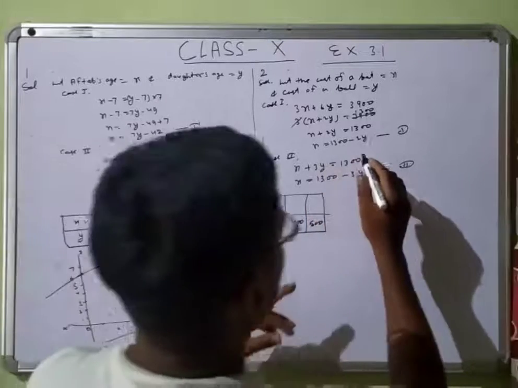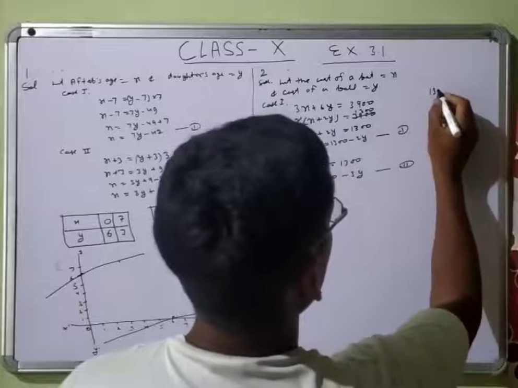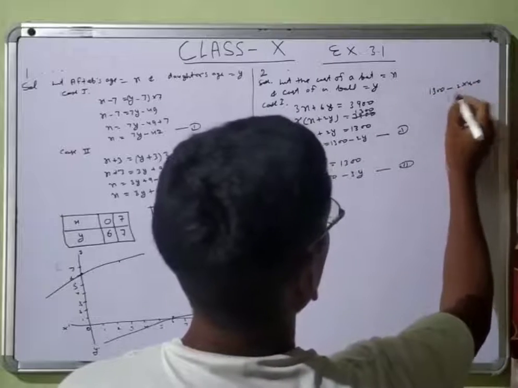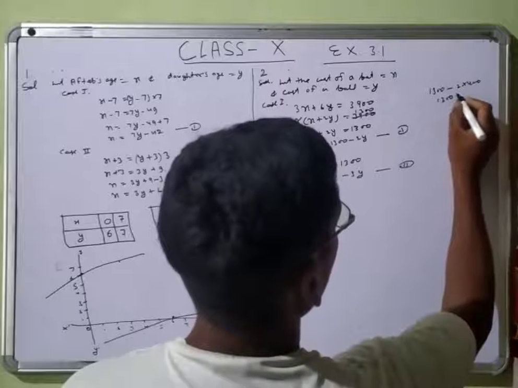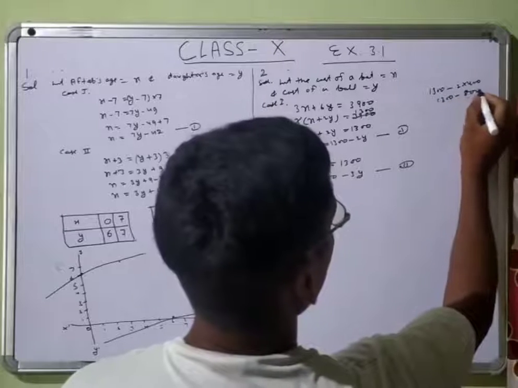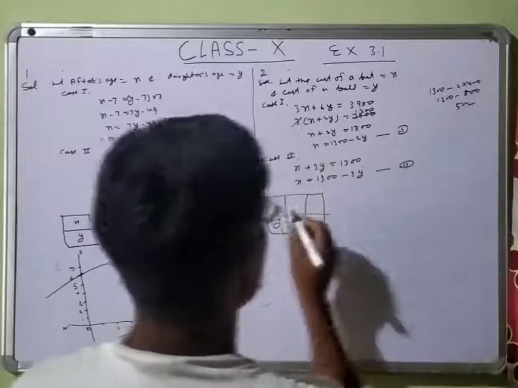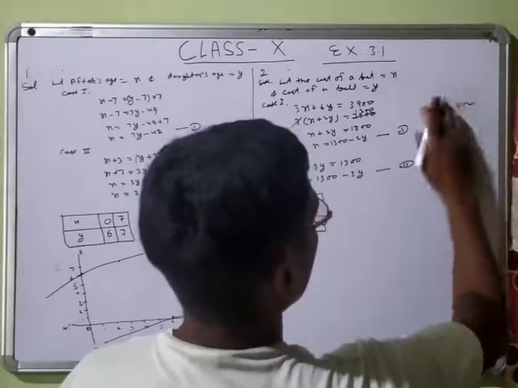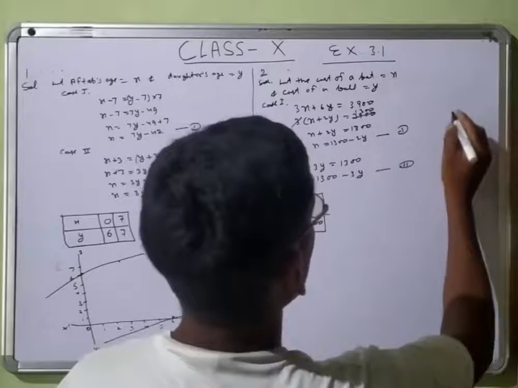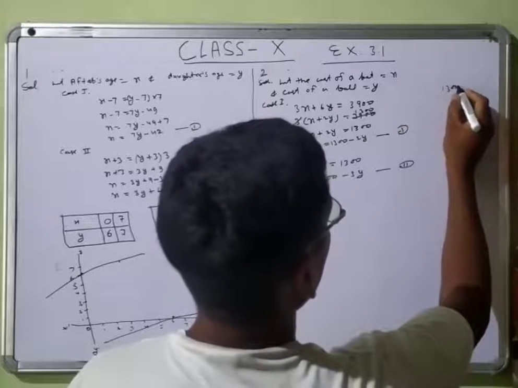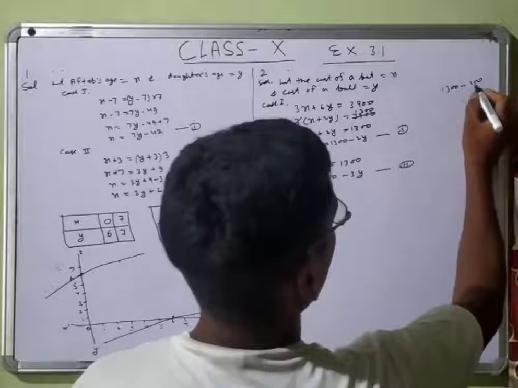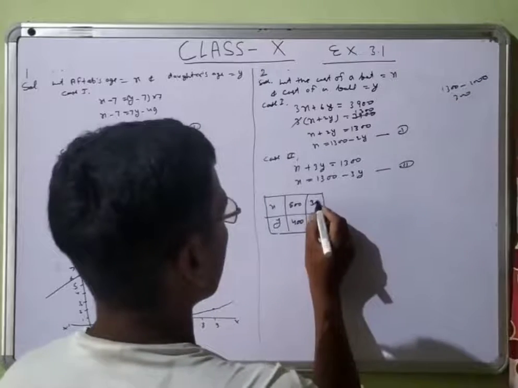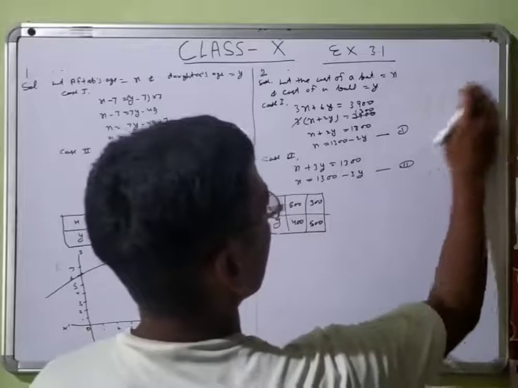So that will be 400, 1,300 minus 2 into 400, so 1,300 minus 800, that will be 500. That value is coming near about this one. And then for the second value, 1,300 minus 5 into 2, so that is 300.